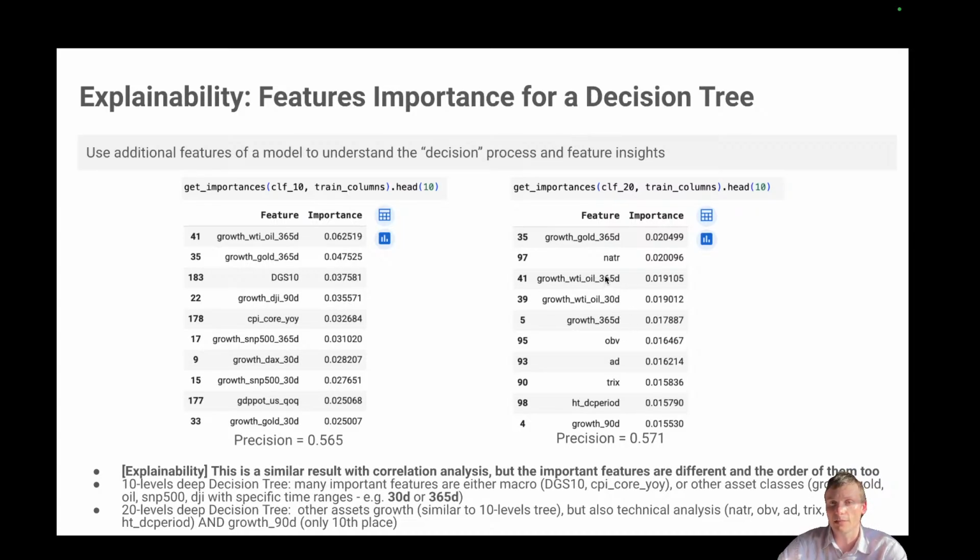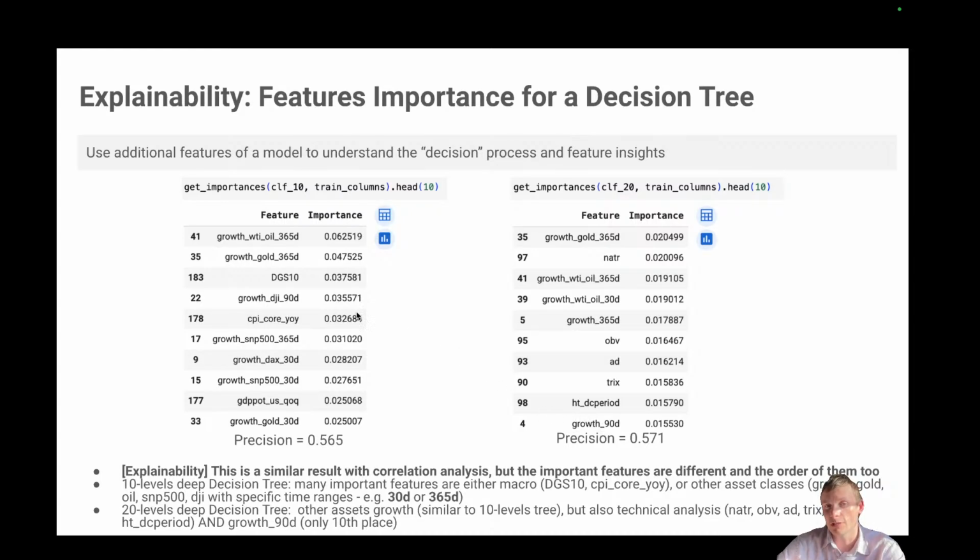But also let's check technical indicators, OBV, AD, and previous growth in 90 days. It's slightly surprising that growth 1, 2, 3, 5, 7 days ago is not among the most important features, but this is another way of understanding the whole market.